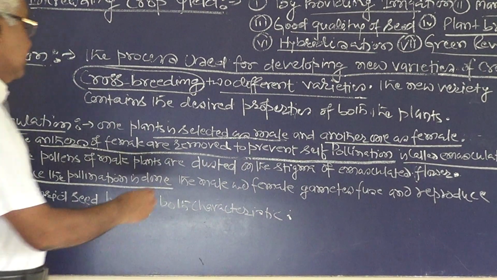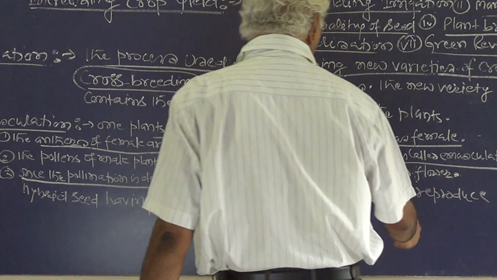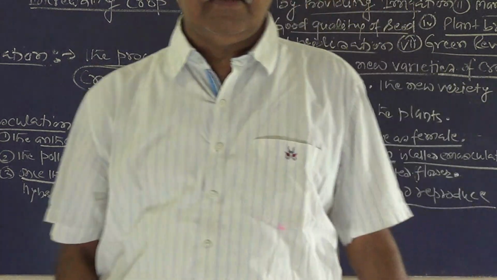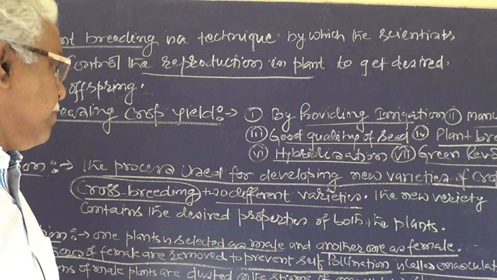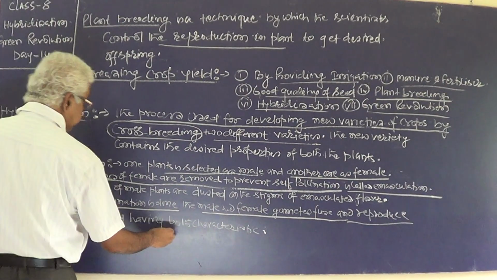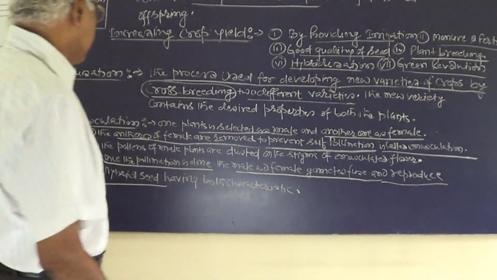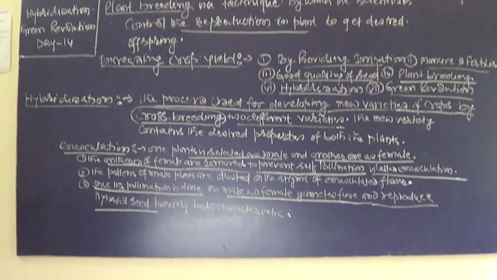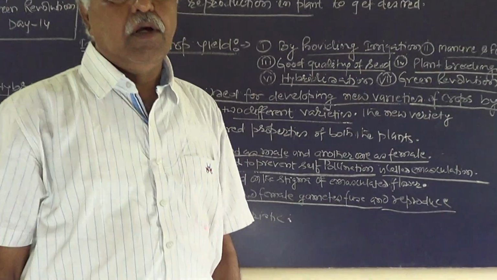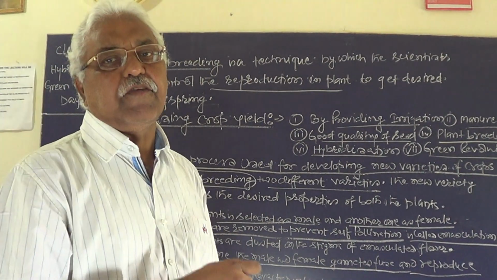Now, once the pollination is done, the female and male gametes fuse and reproduce the hybrid seed, having the characteristics of the male and female whose gametes were fused.